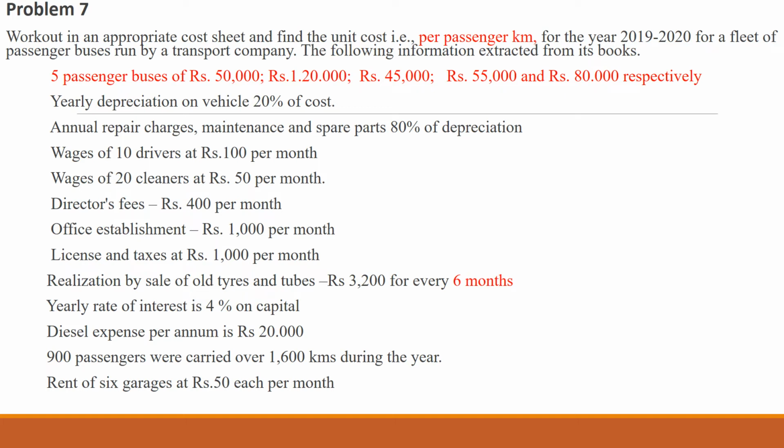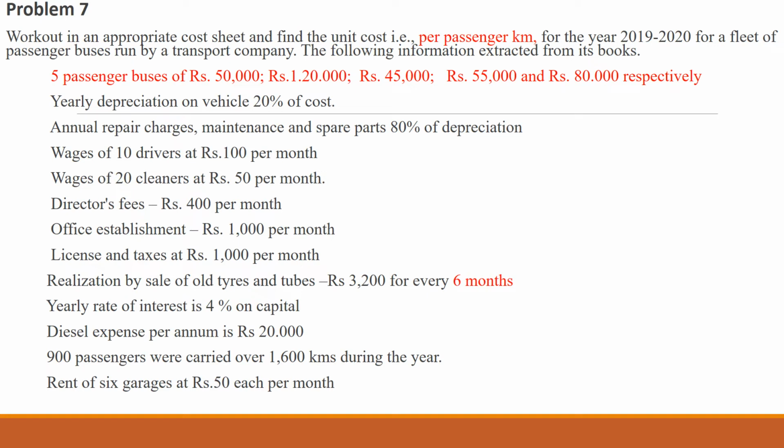Next, yearly depreciation on vehicle is 20% of cost. Annual repair charges, maintenance and spare parts are 80% of depreciation. Wages of 10 drivers at rupees 100 per month. Wages of 20 cleaners at rupees 50 per month. Director fees rupees 400 per month. Office establishment rupees 1,000 per month.